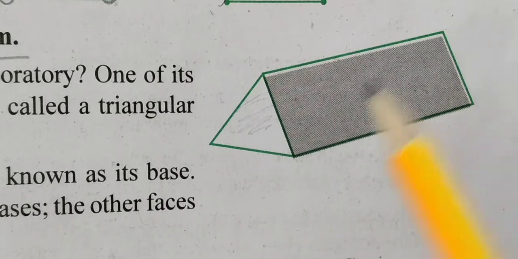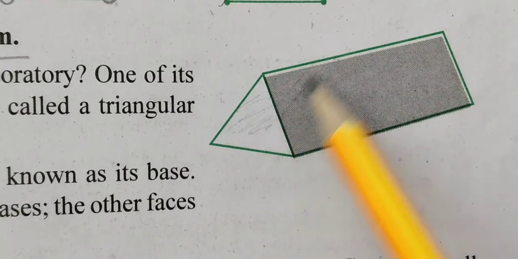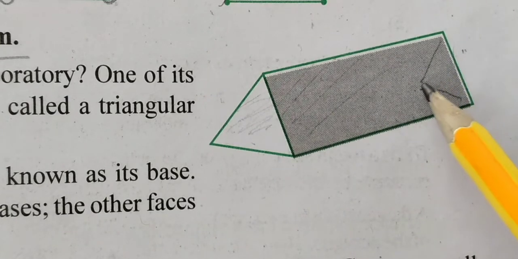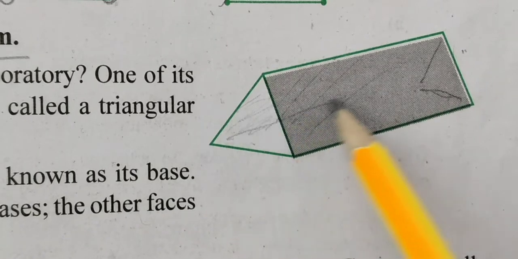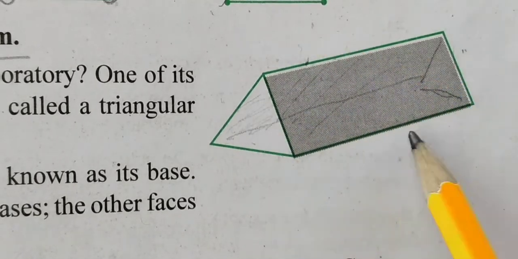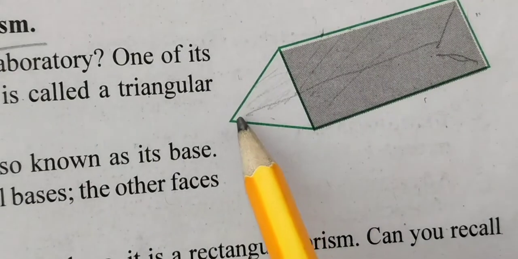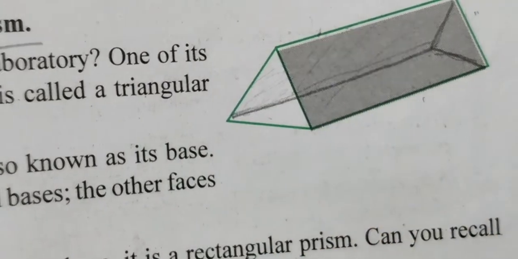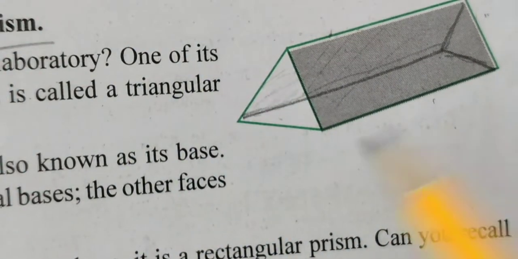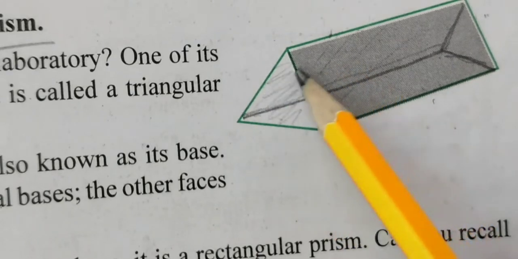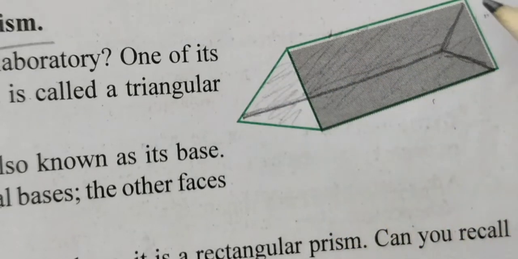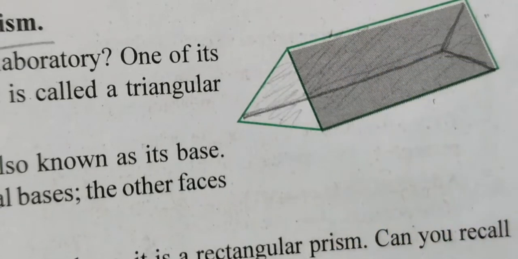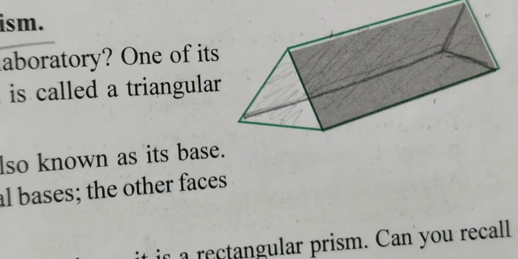Then the opposite one, we will count later. 1, 2, 3, that is here, this side. 4, which is on the other side, and below 5. If you make this prism transparent, then you can get an overview of the other faces. So this is the first face, this is the second face, then the third at the back here, then on the other side the fourth, and below the fifth. 5 faces are there in a triangular prism.